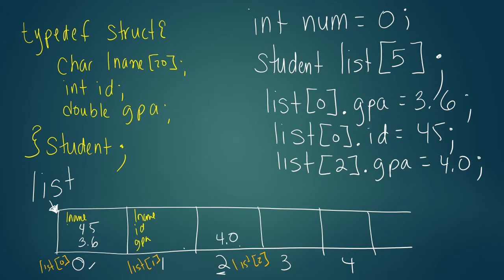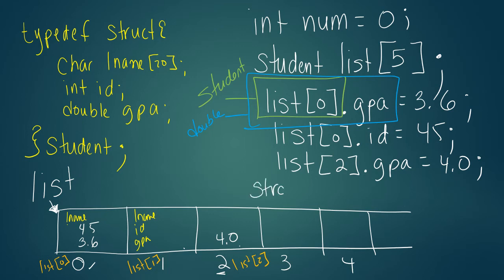So I have all of these items available, and these are all students. This right here, this is a student. This whole thing right here, this is a double. If I wanted to put a character array, I need to use the string copy function.